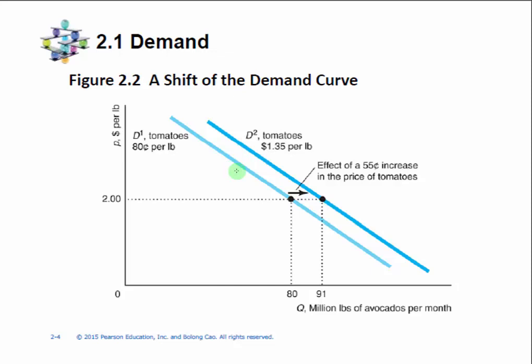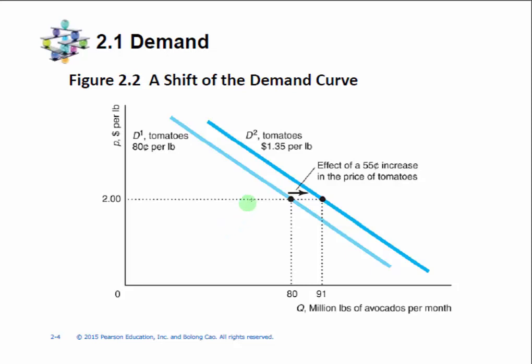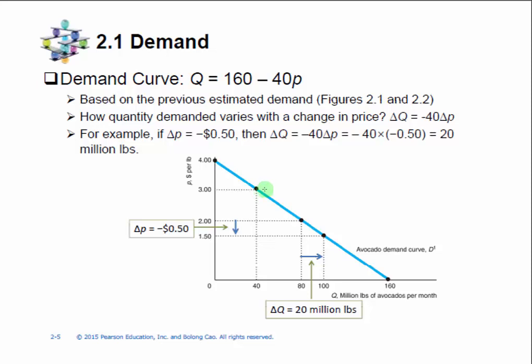So we can say the demand curve shifts to the right or shifts outward. That means an increase in demand. When we say an increase in demand, we mean the demand curve has moved to the right. If the price has declined, we say the quantity demanded has increased. There is this difference to remember. It should not be too hard if you learned it well in your introductory microeconomics.